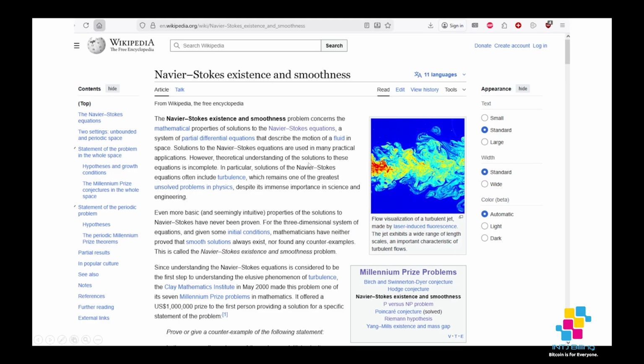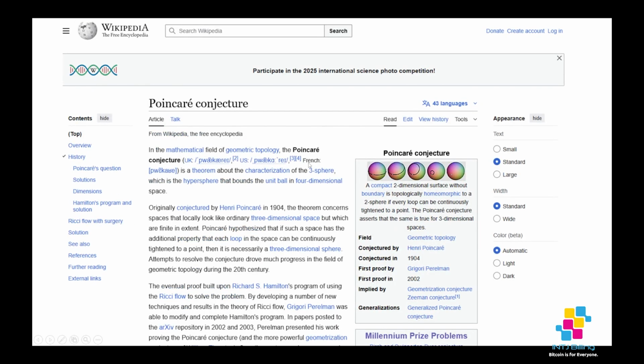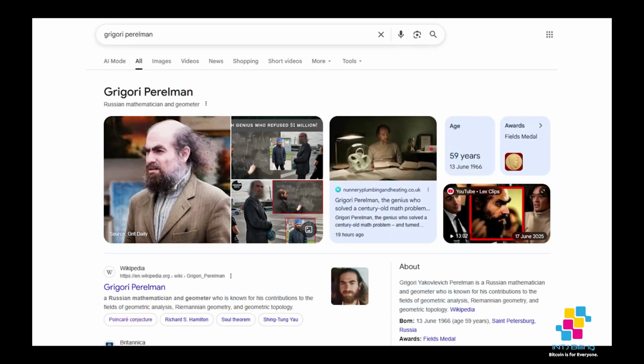And remember, there's only one of the Clay Mathematics Millennium Prizes that has been solved. That's the Poincaré conjecture. Our friend here, Grigory Perelman, solved the Poincaré and famously refused the $1 million prize. Okay, he refused it. I take my hat off to the man.